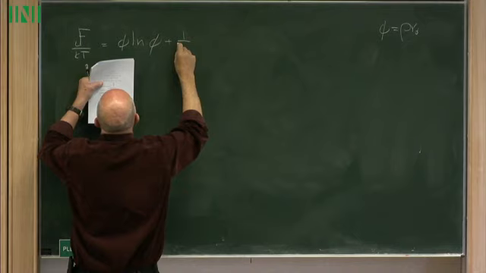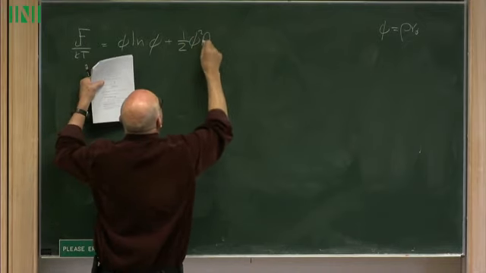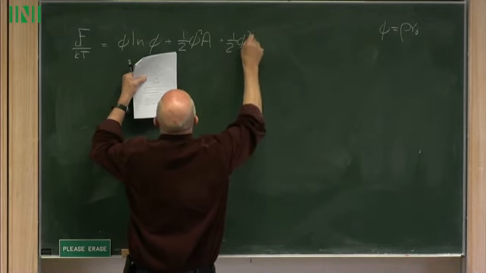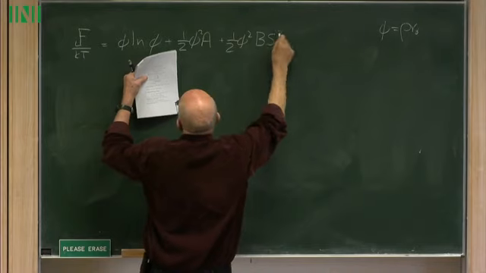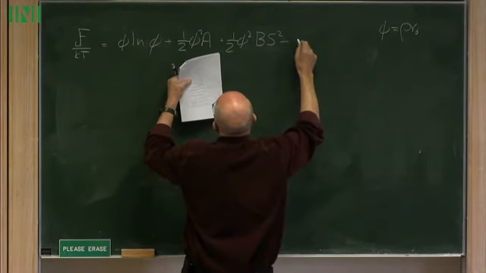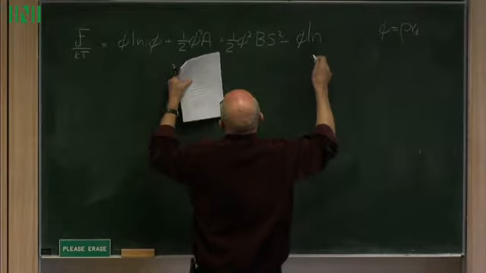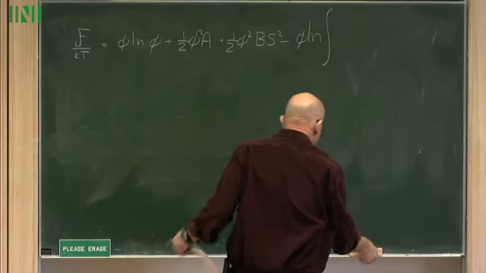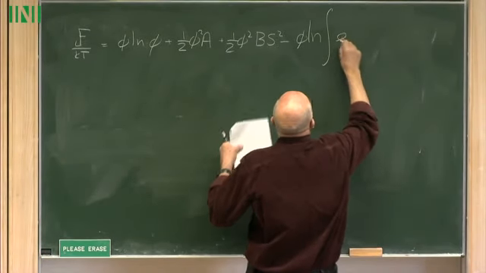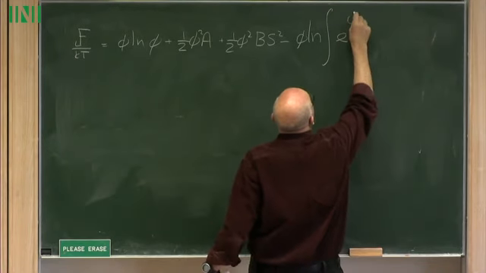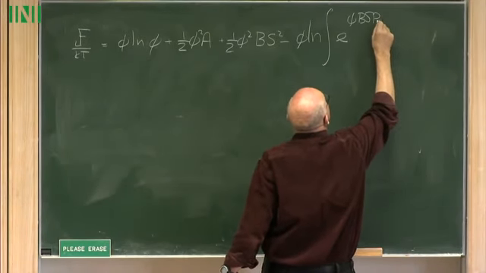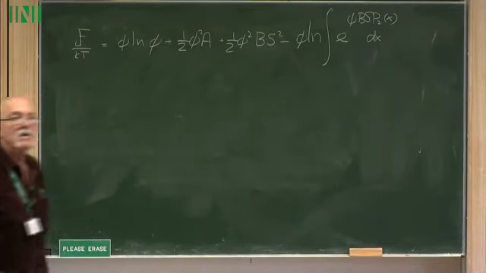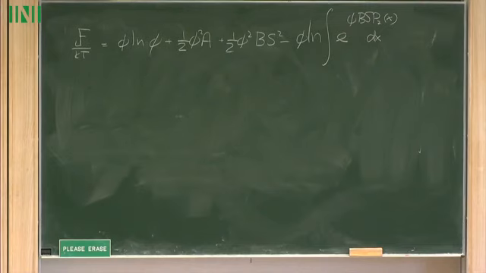And then we see a power series, 1/2 phi squared A, not too interesting. Then we have 1/2 phi squared B S squared, and then we have minus phi log of the integral of e to the phi b sp2 of x dx. So I'm just writing x for cosine of L dot n.